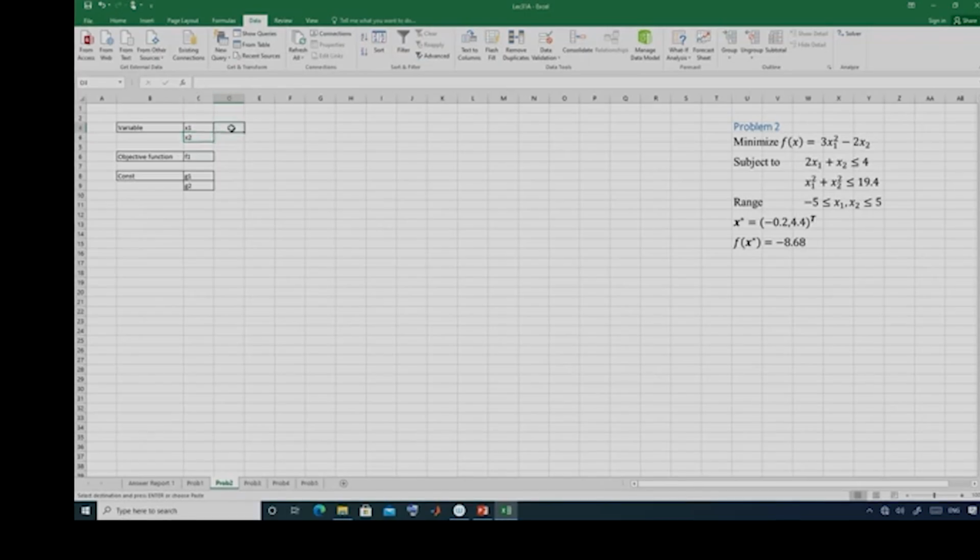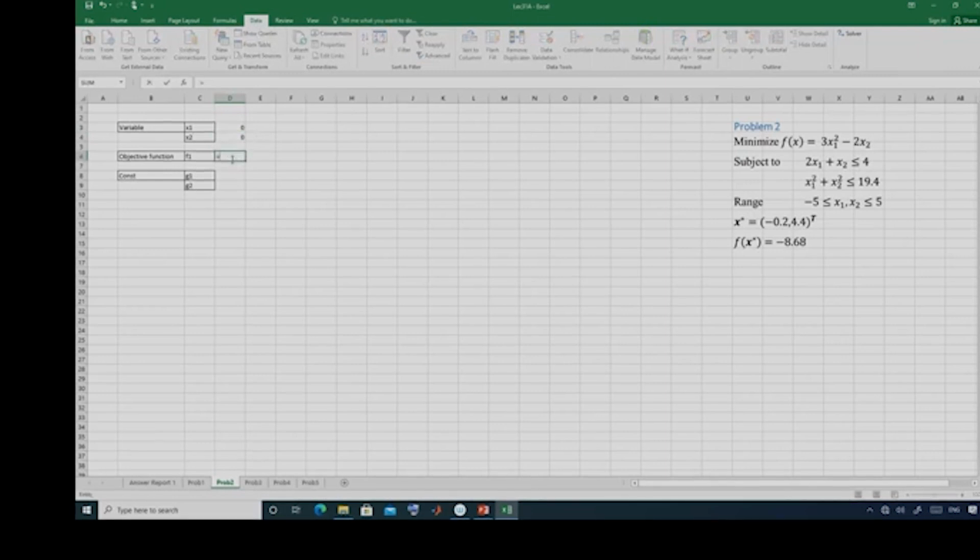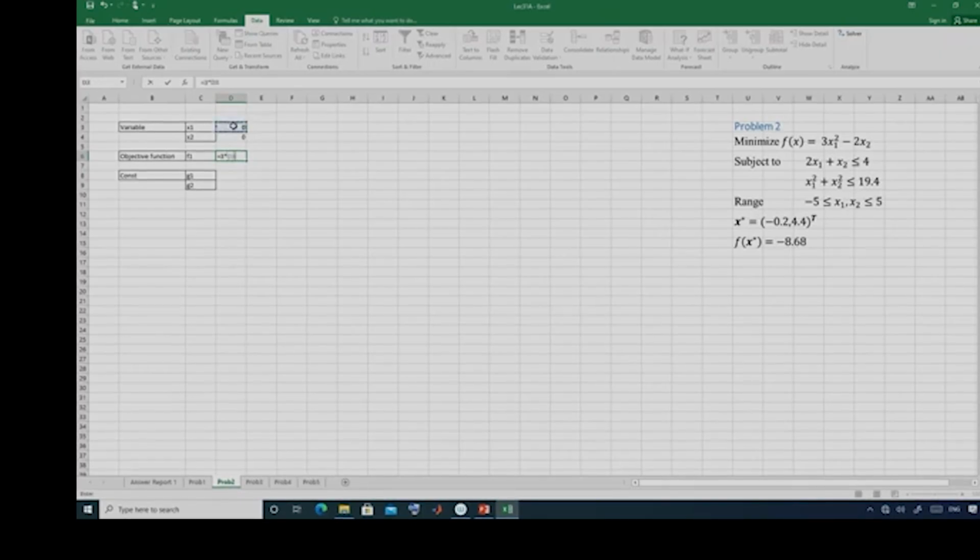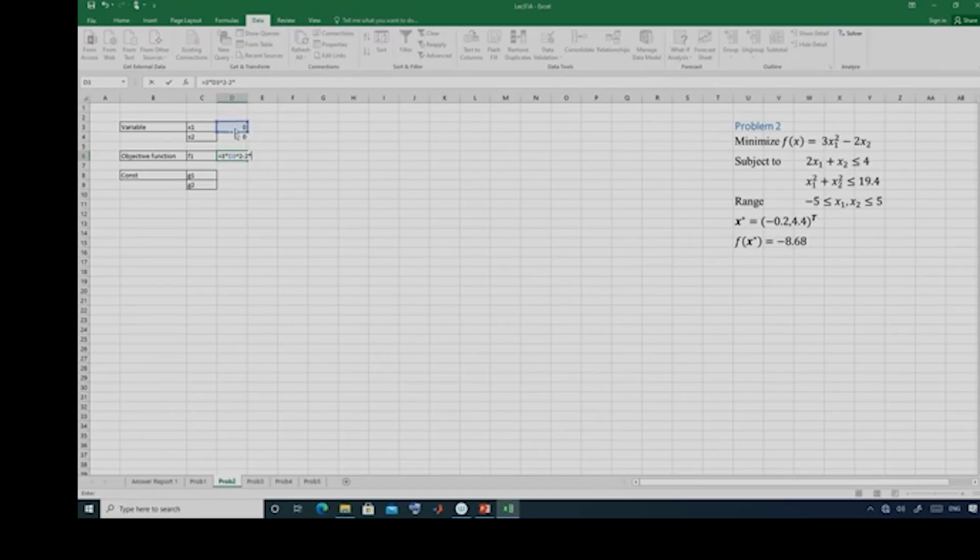So I am putting x1 equal to 0 and x2 equal to 0, and here the objective function is 3 star x1 square minus 2 star x2, okay, 3 x1 square minus 2 x2.